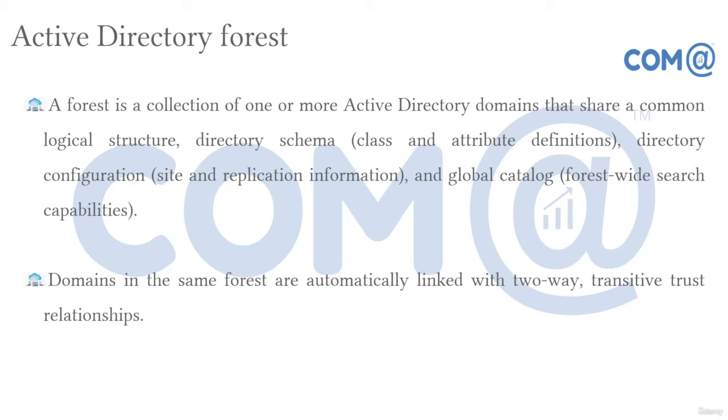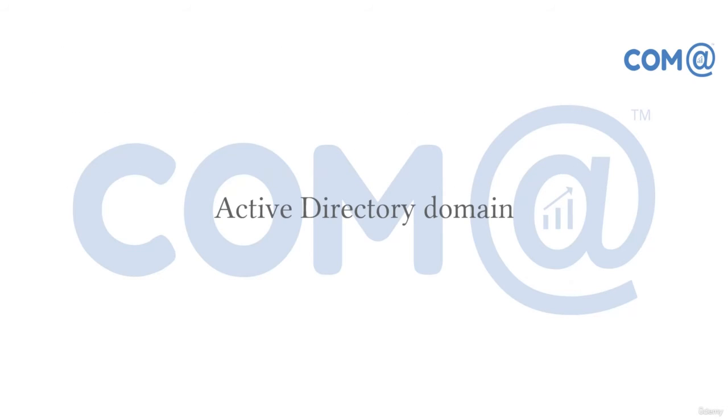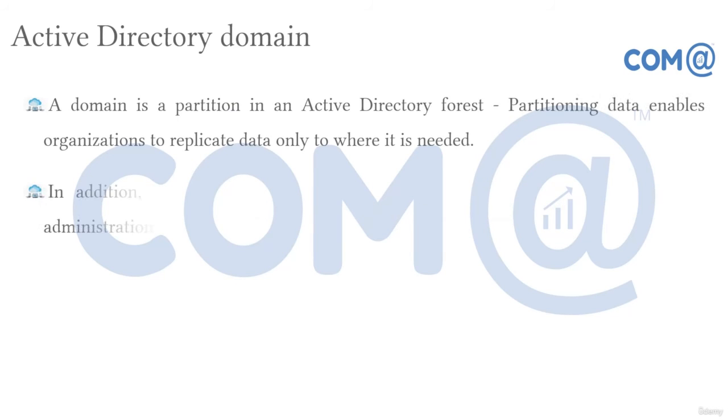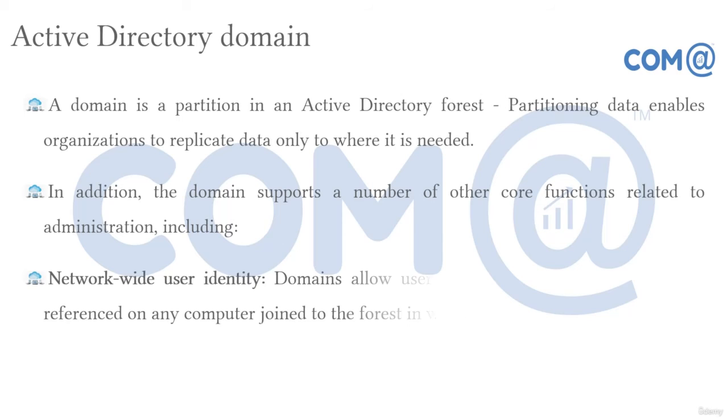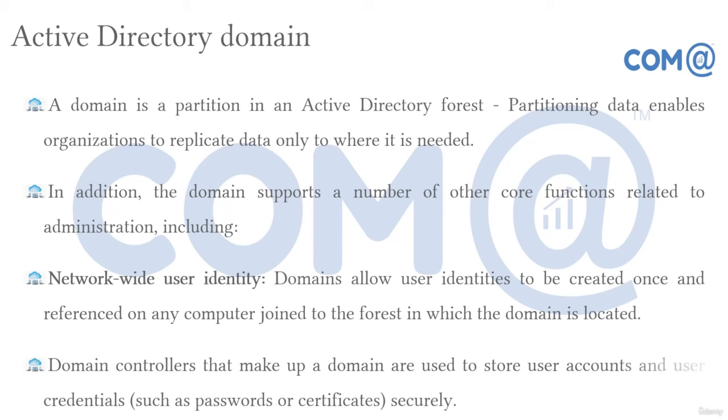And also, the domains in the same forest are automatically linked with a two-way transitive trust relationship. And understanding about the Active Directory domain. So basically, a domain is a partition in an Active Directory forest. Partitioning data enables the organizations to replicate data only to where it needs to be.